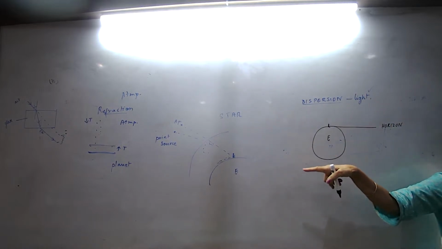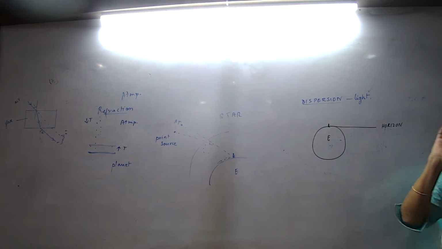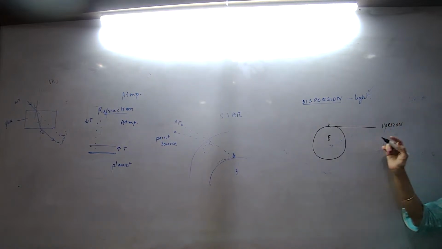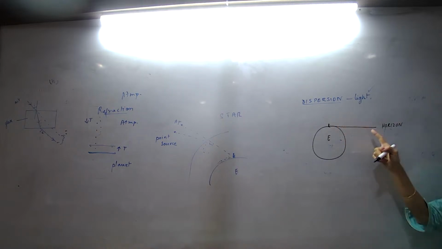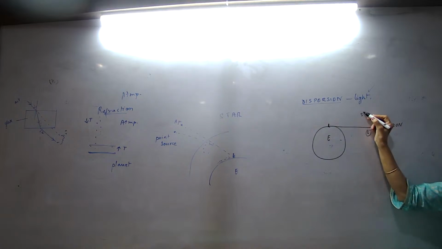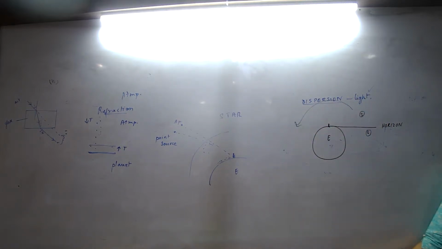The sun is stationary, but it is only the earth which is moving, and this is something that you probably have already learned. But for a person who is standing here, he will see that the sun is rising up. So the position of the sun is here, position of the sun is here, and so on and so forth. We are talking about sunrise. So when does the sun rise?